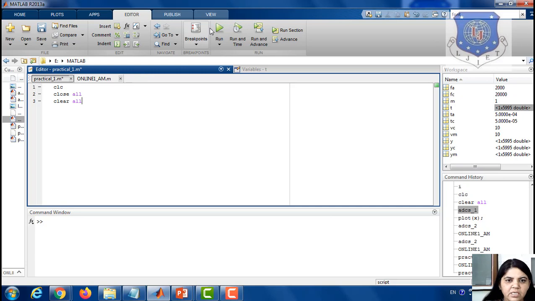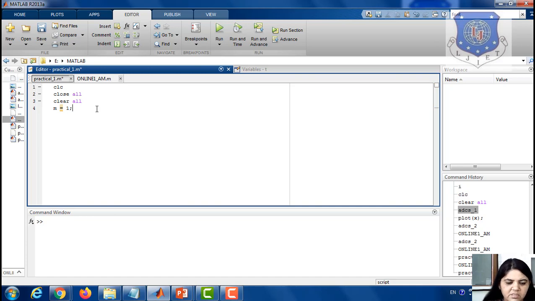You can see that I am running this, and now there is nothing in the workspace. So now we are ready to start our script in MATLAB. First we are going to generate the modulating signal. Suppose my small m is equal to 1.